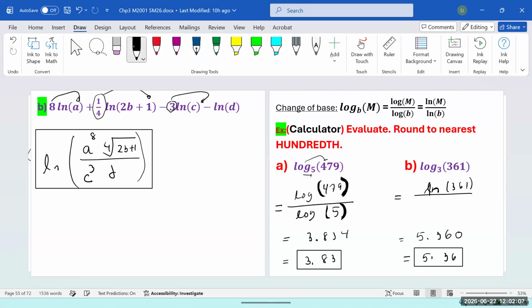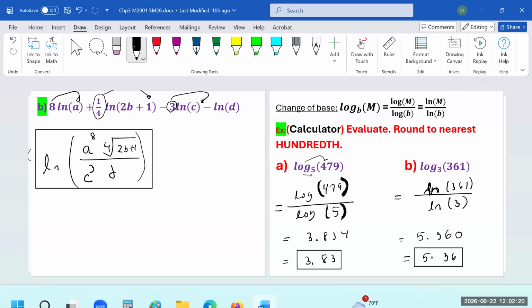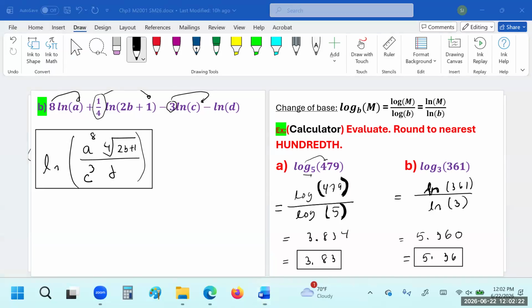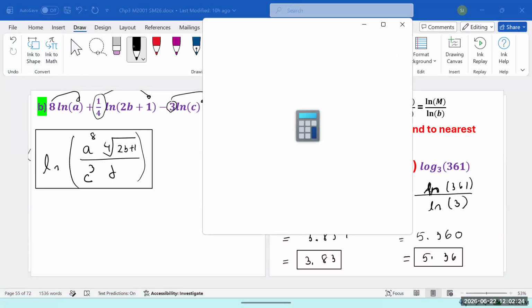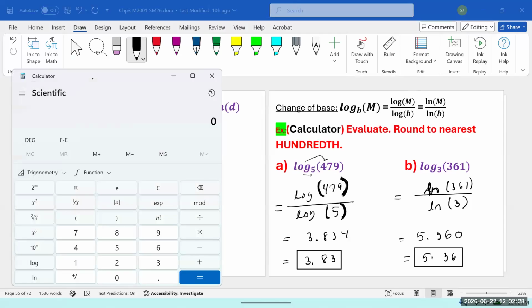ln 361 divided by ln of 3. Now let me show you something cool. Every scientific calculator has both of them, log and ln.